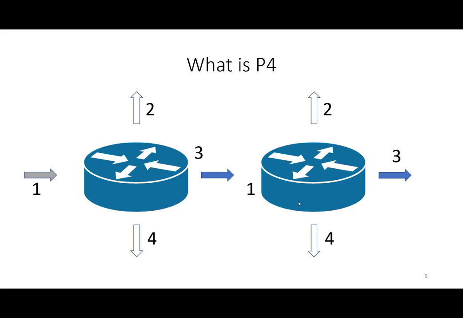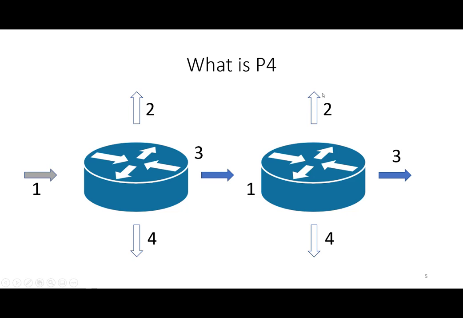Another example may be what we call source routing. We specify the destination address as the sequence of ports that come along the path. Let's say we want to reach here from port 1 of this first router to port 2 of the second router.